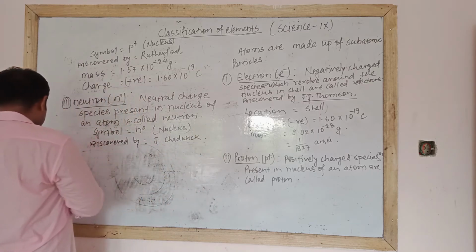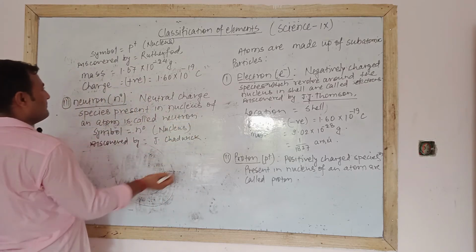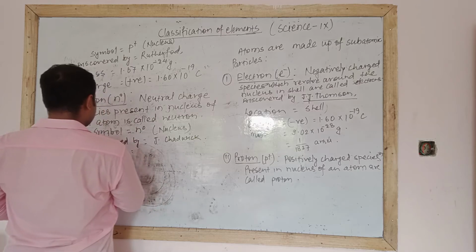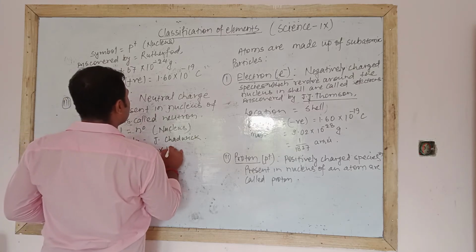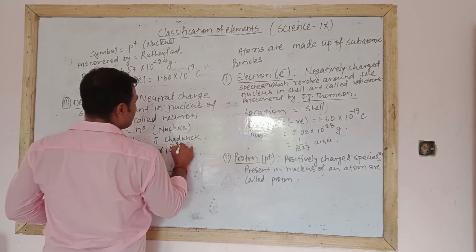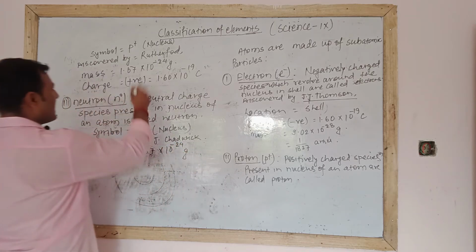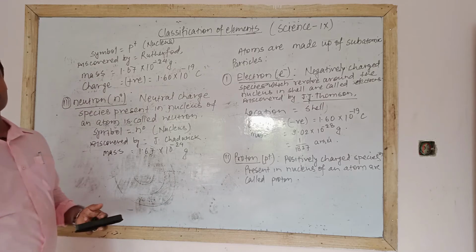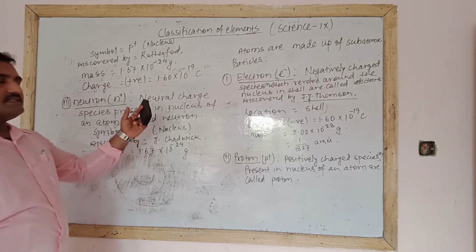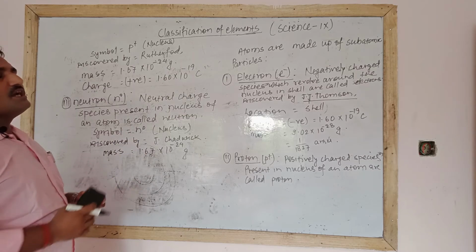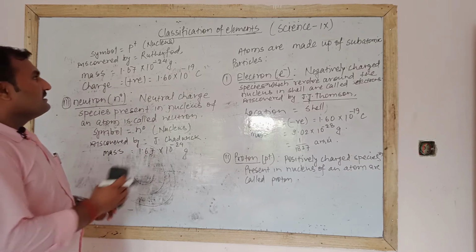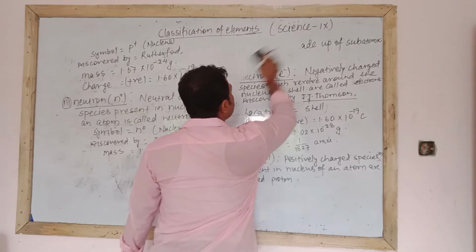Its mass is the same as a proton, about 1.67 into 10 to the power minus 24 grams, and its charge is neutral. These particles are present in different atoms and give them their characteristic nature.